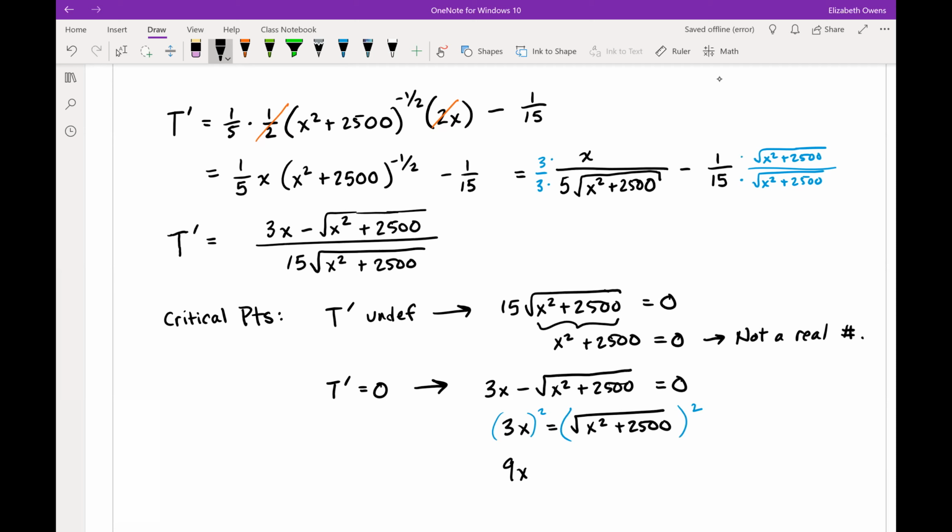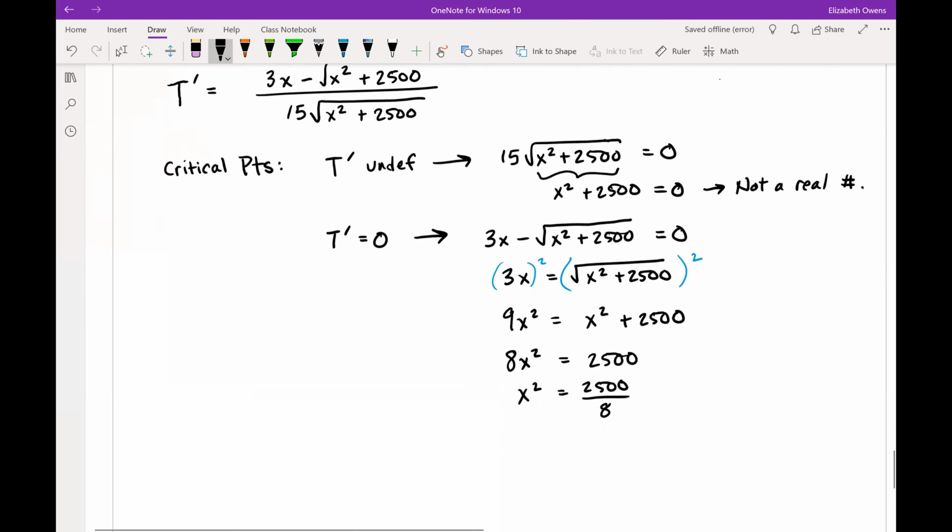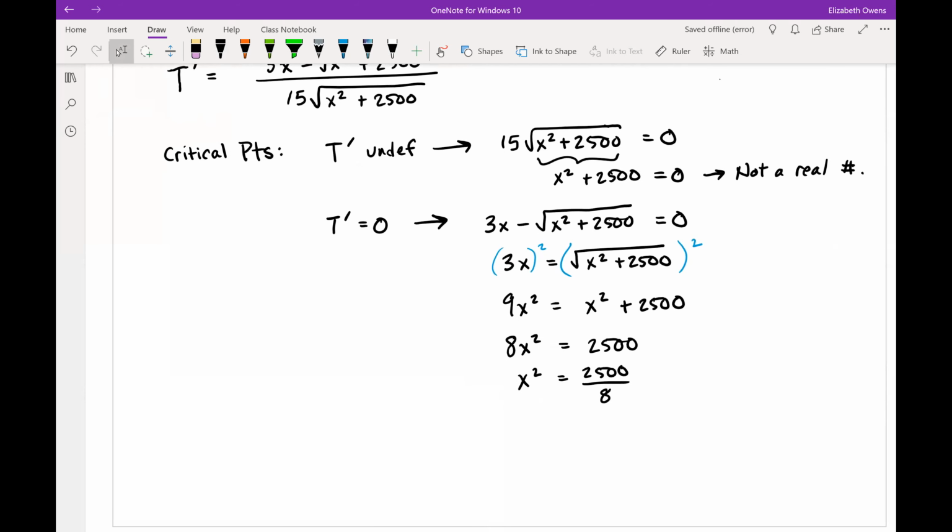We'd have 9x squared equals x squared plus 2500. And then subtract off your x squared. 8x squared equals 2500. And so x squared equals 2500 over 8, meaning that x is going to be a real delight to work with here.